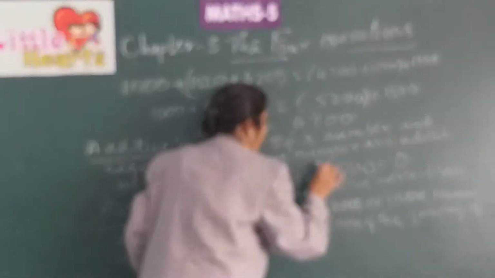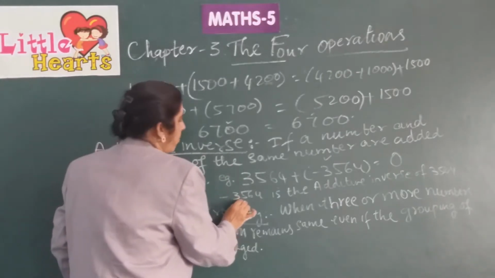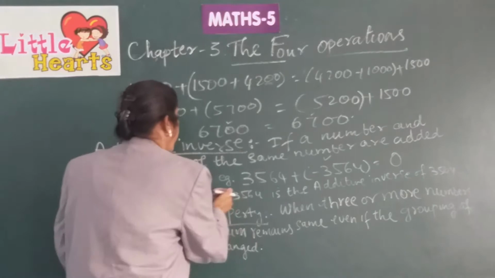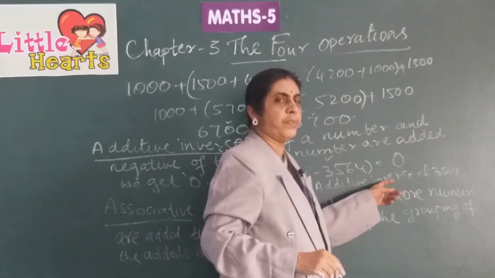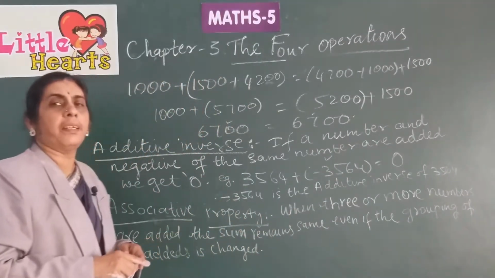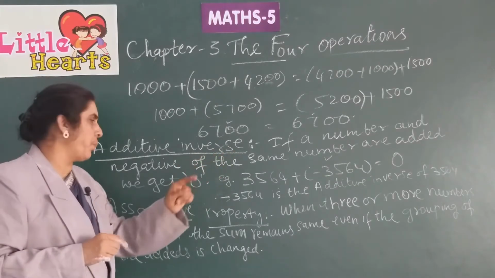This number is the additive inverse of this number. 3,564 is the additive inverse of minus 3,564, and minus 3,564 is the additive inverse of 3,564. If the number and the additive inverse are added, we always get 0.